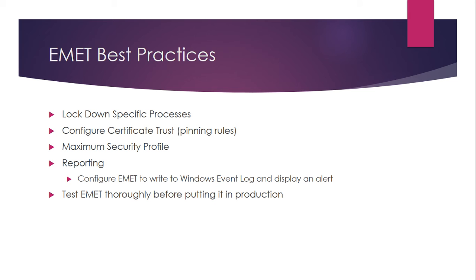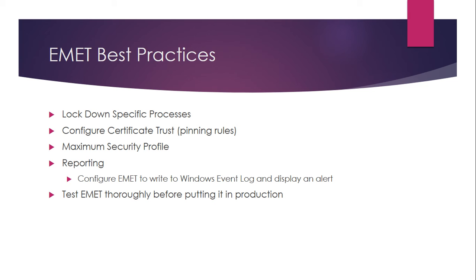With maximum security profile, you can select this by going to the quick profile name you see in the EMET window, and you can select the maximum security settings to ensure full protection on EMET, and also configure the rules in the system status if applications start breaking. In case something goes wrong, you can always change the rules back to where they were before, put them back on default basically.